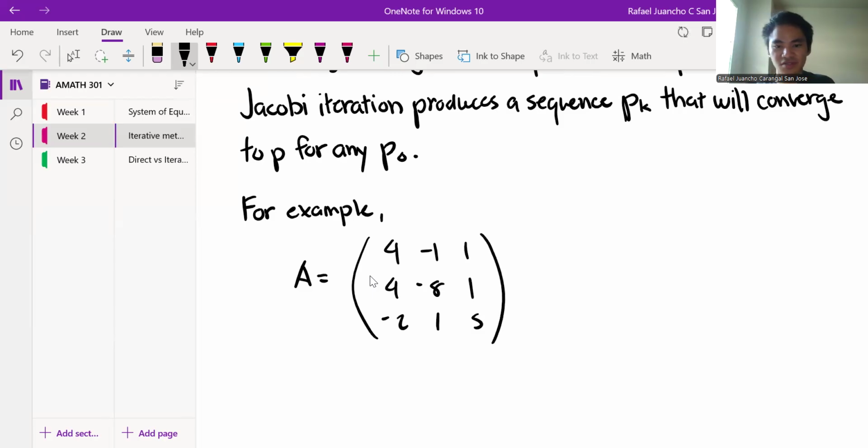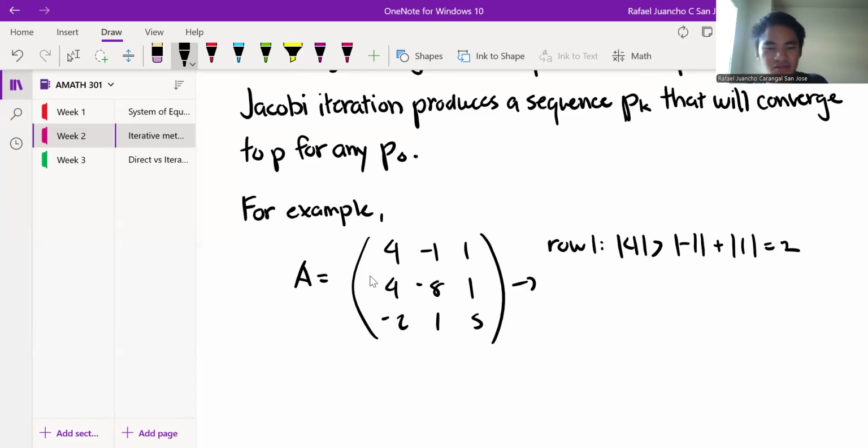So it's a 3 by 3 matrix once more. Let's look. So here we see row 1. The absolute value of 4 is greater than the absolute value of negative 1 plus 1, which is exactly 2. That's true, right?